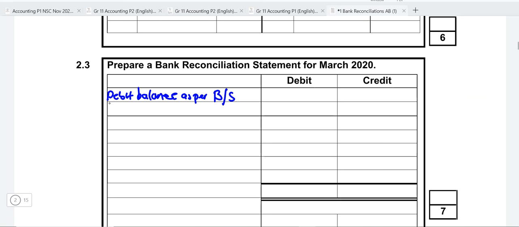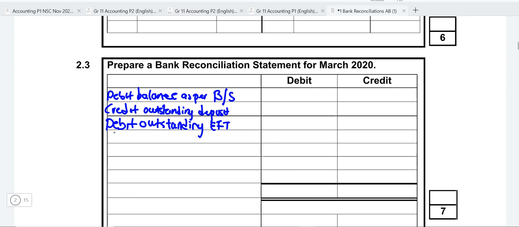And remember, the next item that we would have is credit outstanding deposit, and then the next thing that we would have is debit outstanding EFT.